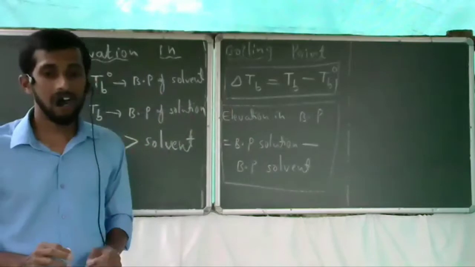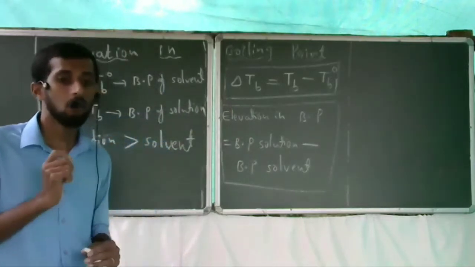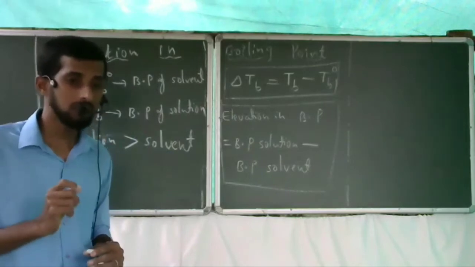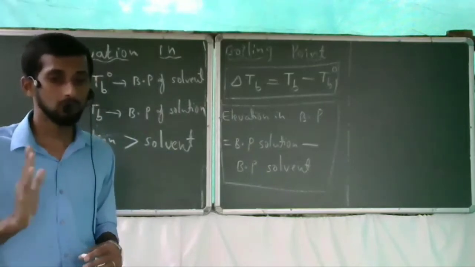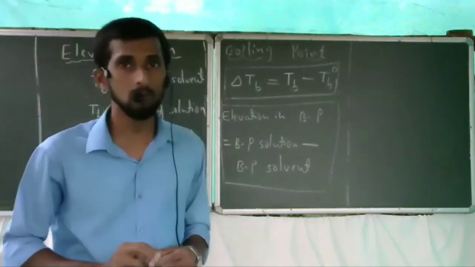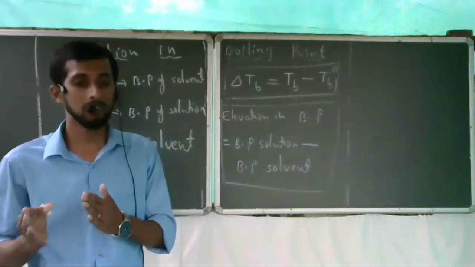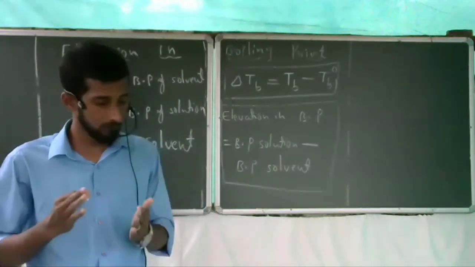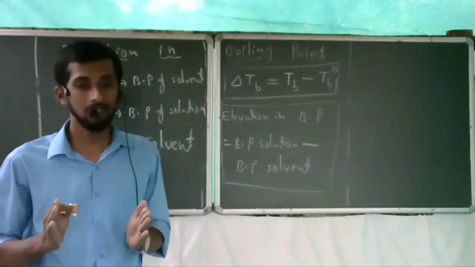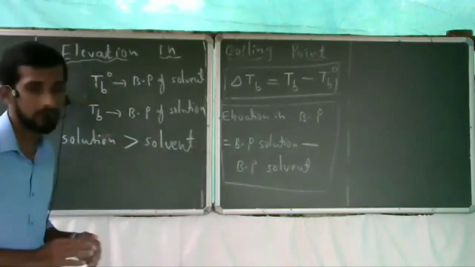If you add a non-volatile solid to a volatile solvent, the boiling point of the solution is more than that of the pure solvent. That is because its vapor pressure decreases, since vapor pressure and boiling point are inversely proportional. As vapor pressure decreases, boiling point increases.